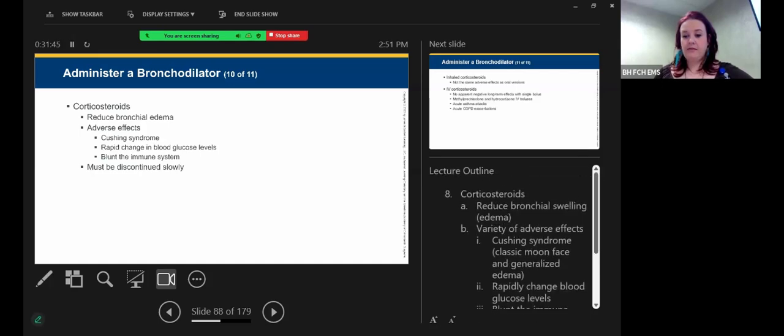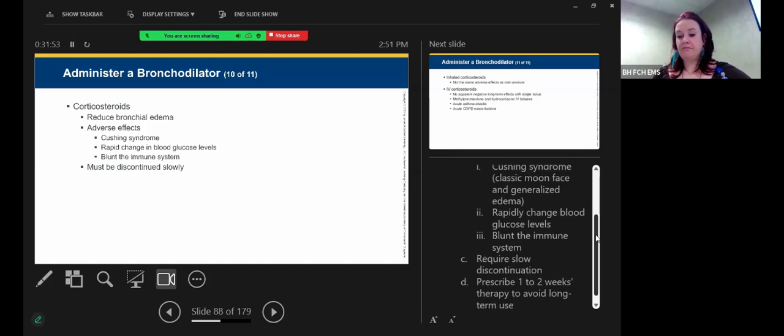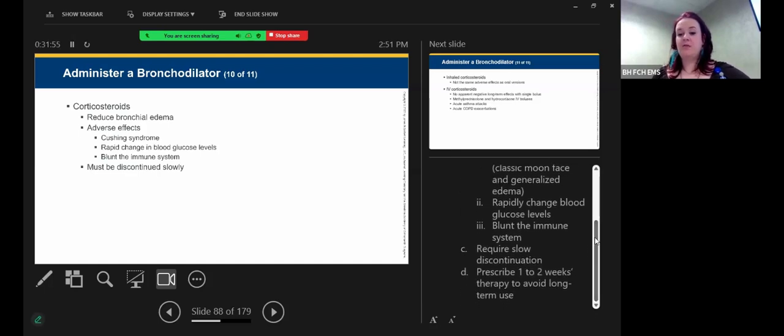All right, so corticosteroids reduce bronchial swelling or edema. A variety of adverse reactions affect Cushing syndrome, classic moon face, and generalized edema, rapid changes in blood glucose levels. Did you guys know that? They blunt the immune system, require slow discontinuation, and are prescribed for one to two weeks of therapy to avoid long-term use.